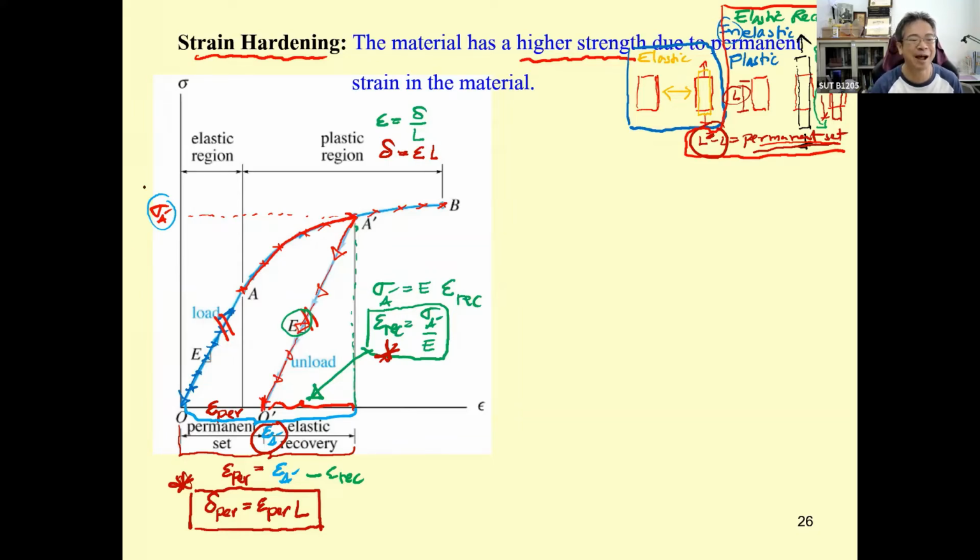If I'm giving you this, you can use the graph and determine the strain sub A prime, and you can also determine the strain recovery. By doing that, you use this equation to determine the permanent strain, and later you can determine the permanent deformation.